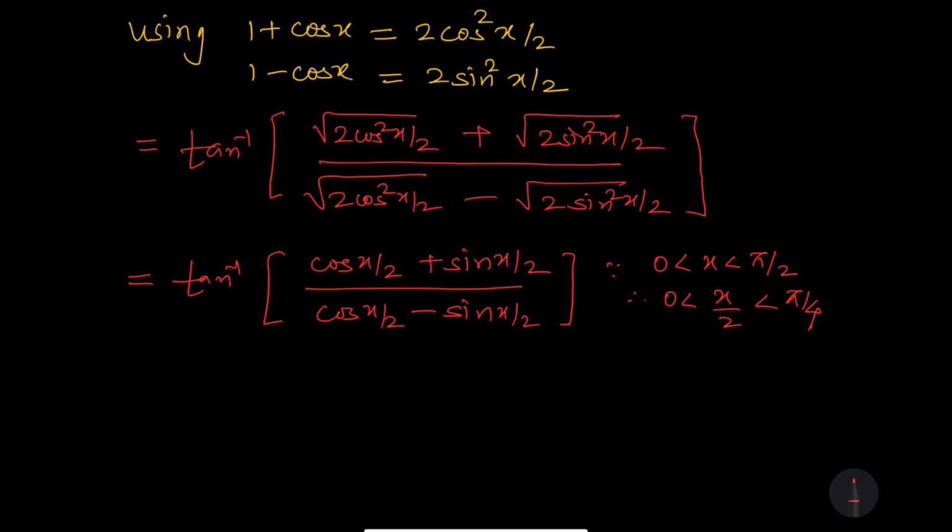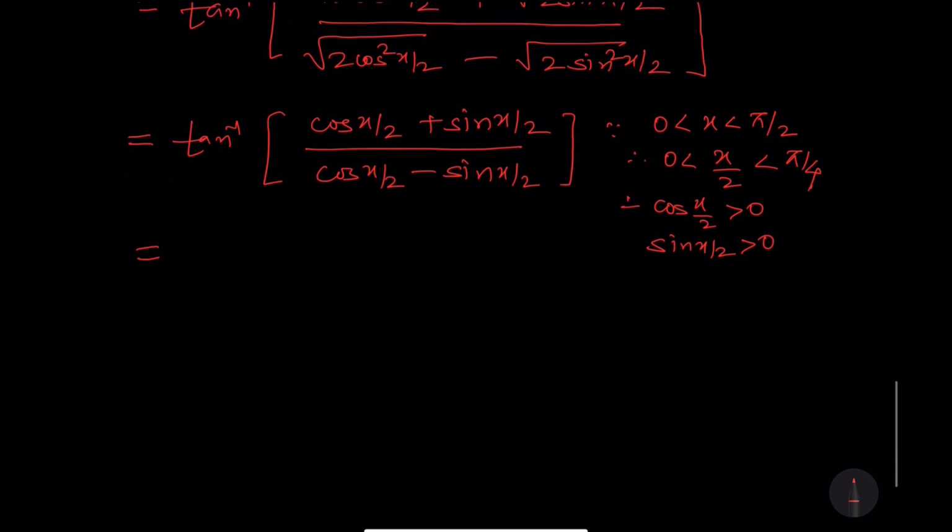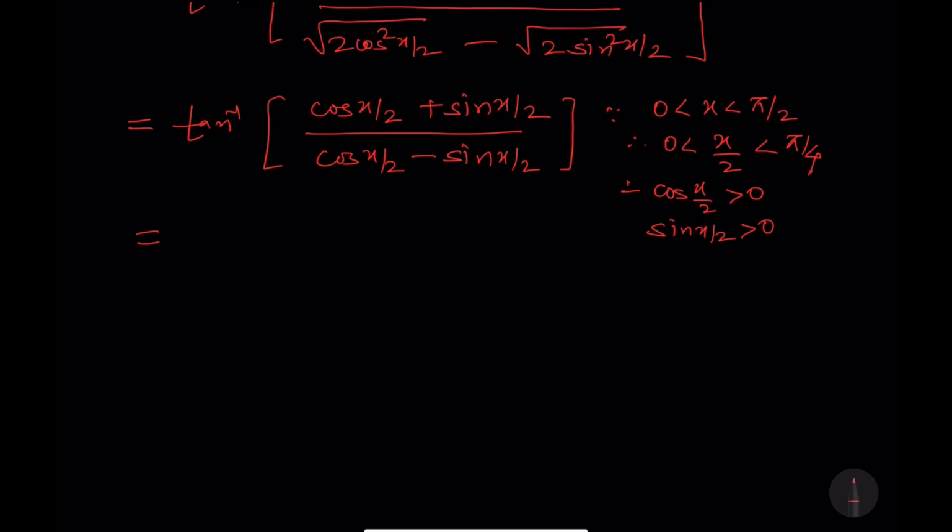Therefore, both cos x by 2 and sin x by 2 are positive, first quadrant. And further procedure, all of you know how to proceed like the previous ones. Dividing numerator and denominator with cos x by 2, we get tan inverse of (1 plus tan x by 2) upon (1 minus tan x by 2).